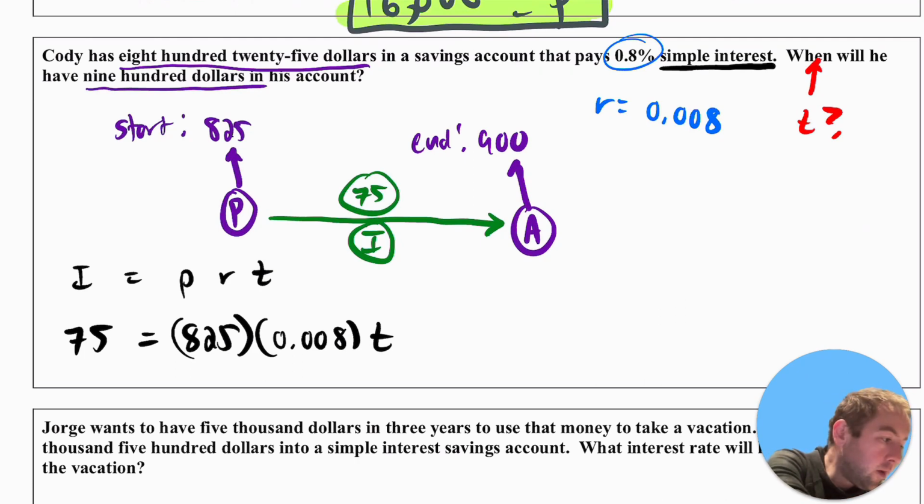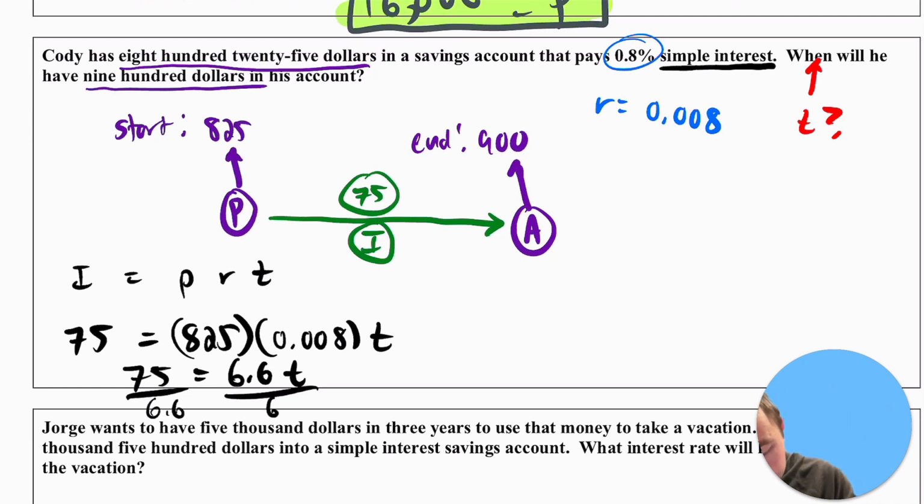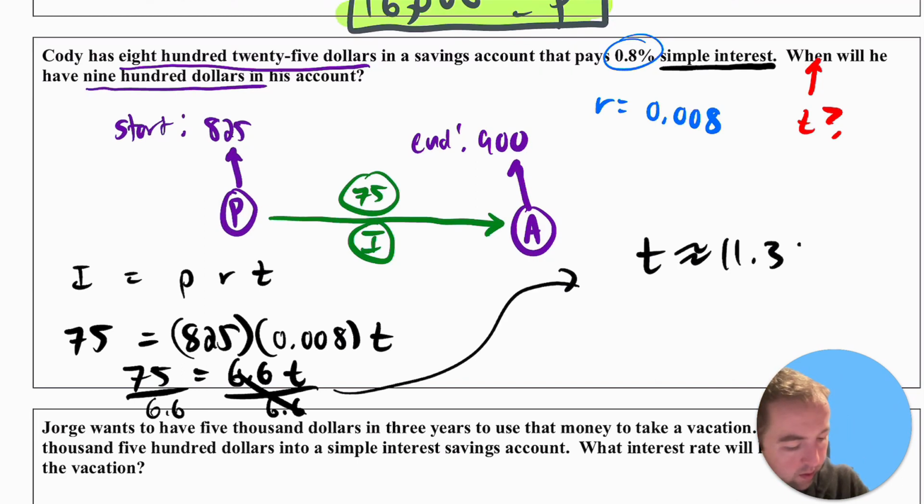So let me multiply the 825 with the 0.008 and see what that is. Great. So we end up getting 6.6 t equals 75, and then you can divide by 6.6 to solve for t. I don't think that's going to turn out very pretty. Nope. So when we get that all solved, then t is going to be 11.36.